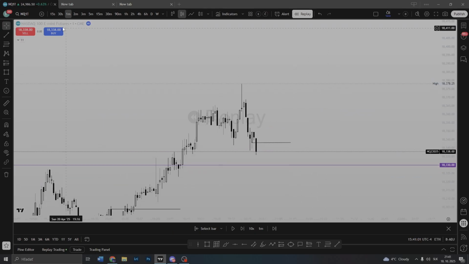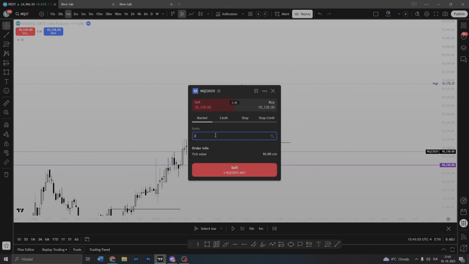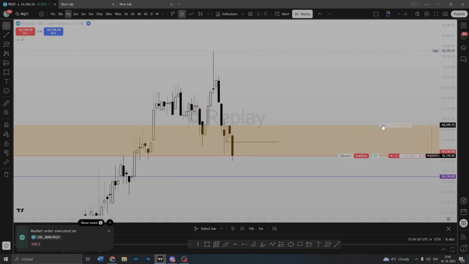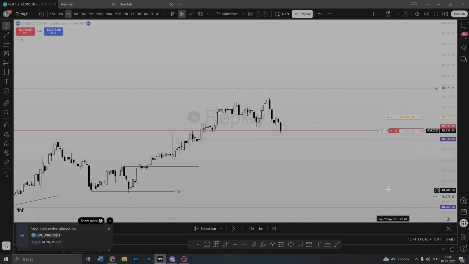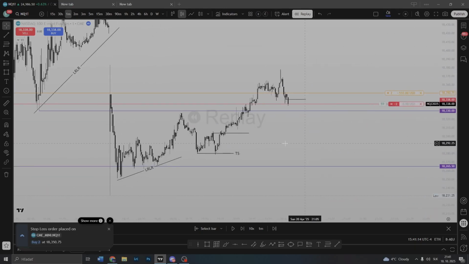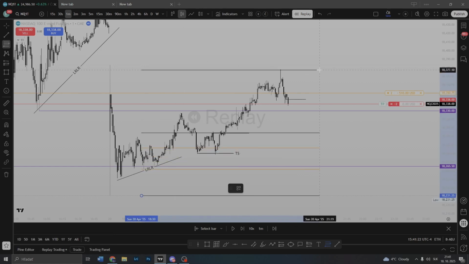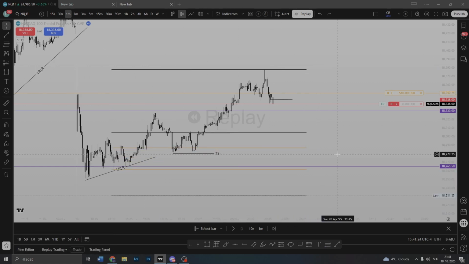So what we can do right now, we'll go short right here. We can put our stop loss to this high, sorry. And in terms of TPs, if we take the whole range, from range low to range high, there is our 50% right here.